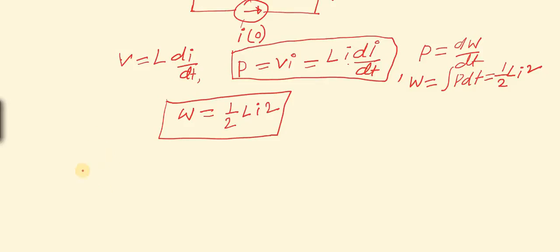In that case, the inductance value L can be written in terms of the permeability of the material like this: mu 0 mu r N squared A by l, where l is the length of the magnetic path, and this mu is equal to mu 0 mu r, the permeability of the core.